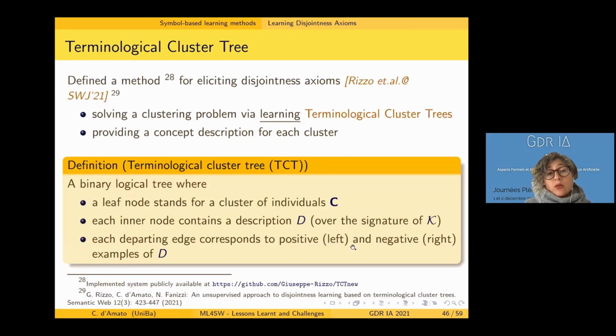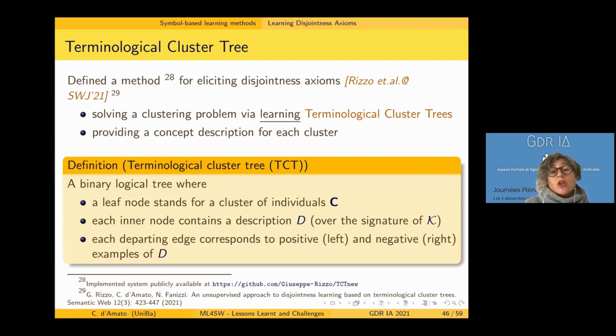What we would like to do instead is to solve a clustering problem for learning disjointness axioms, and this is done by learning terminological cluster trees that are able to provide concept descriptions for each cluster.